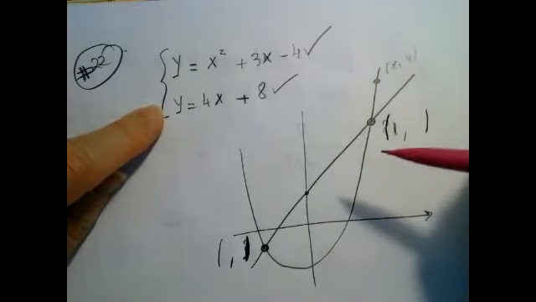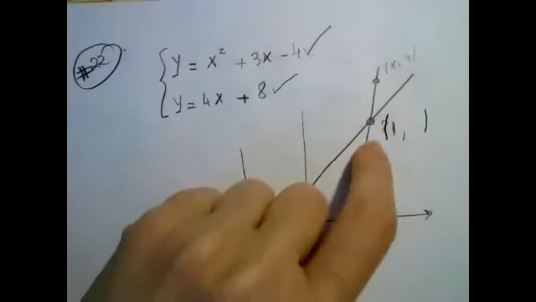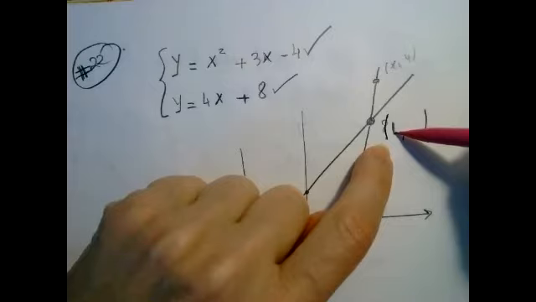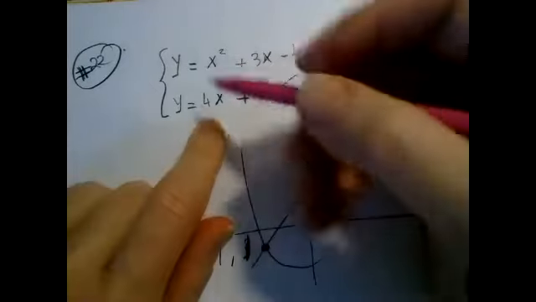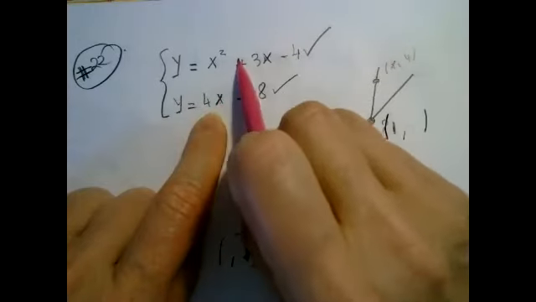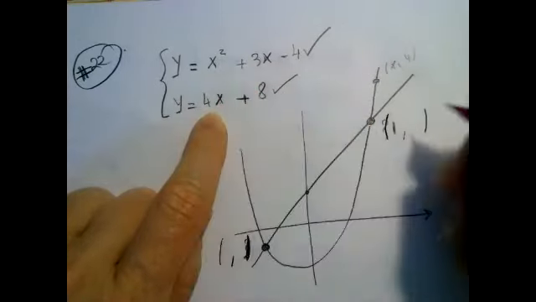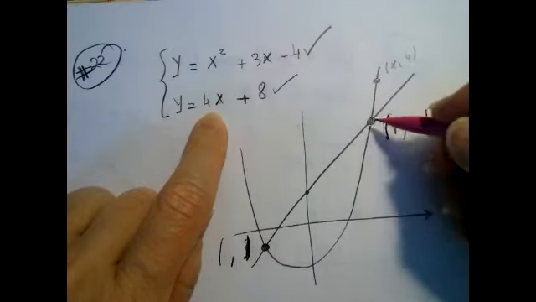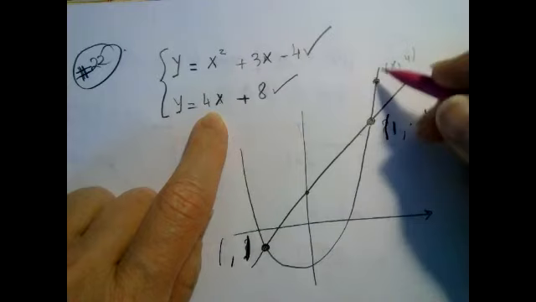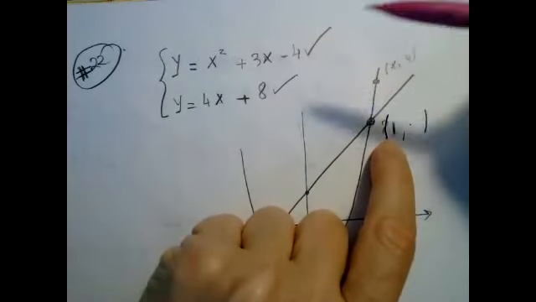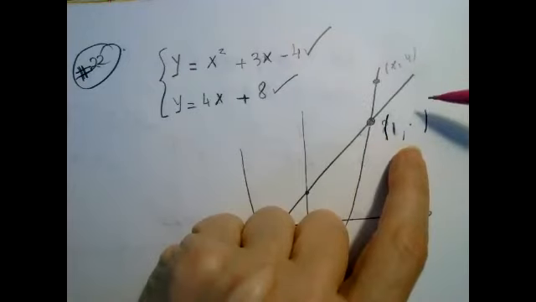Okay, let's see. If this is 1, if it's a correct answer, it means that whether I plug 1 in the equation of a line or I plug it in the equation of a parabola, this has to be the same number. If this point is on the intersection, it means if I take 1, plug it here, or plug it here, I should have the same y value.